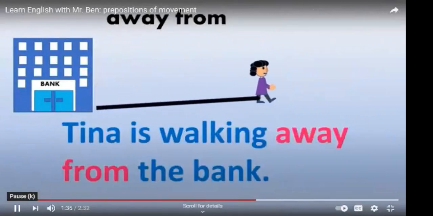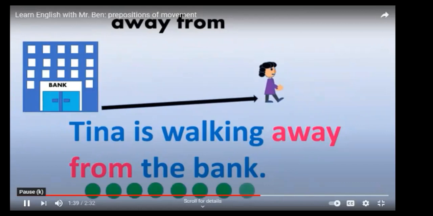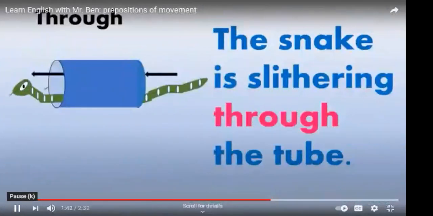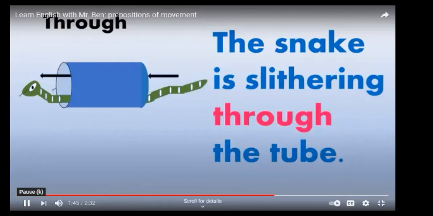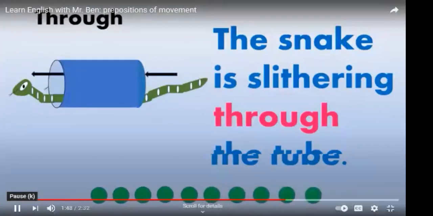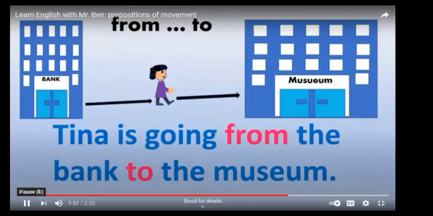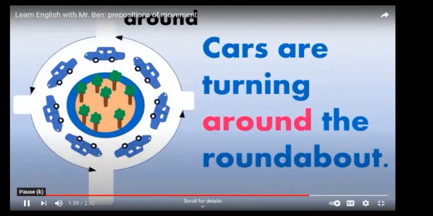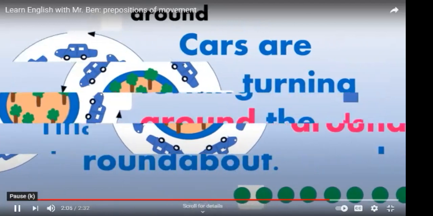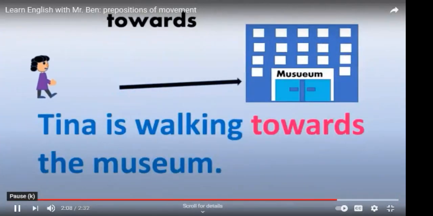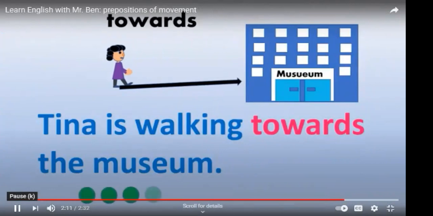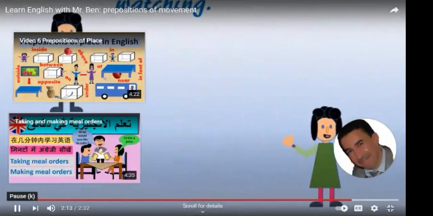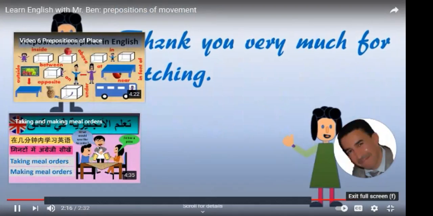Tina is walking away from the bank. Through. The snake is slithering through the tube. From. To. Tina is going from the bank to the museum. Around. Cars are turning around the roundabout. Towards. Tina is walking towards the museum. Thank you very much for watching.